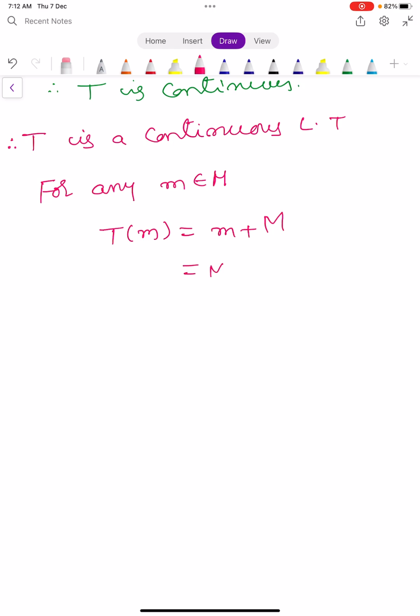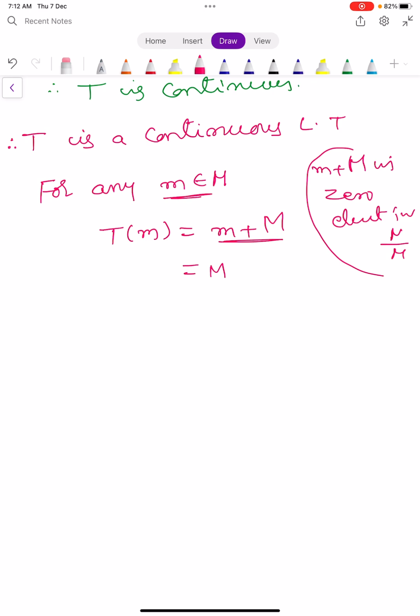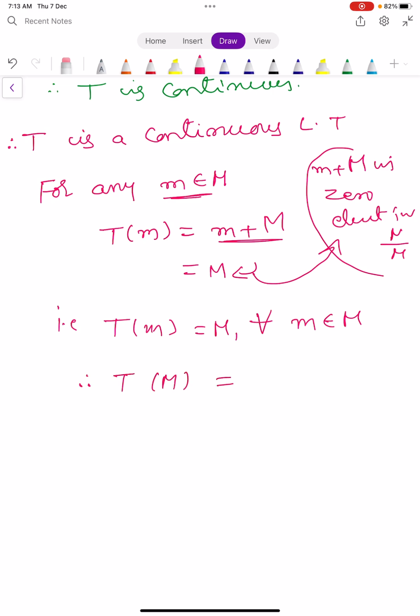So this is nothing but capital M, because small m plus capital M is the zero element in capital N by M. Because small m belongs to capital M, obviously m plus M is equal to capital M. So T of m is equal to capital M, and it is the zero element in N by M, for all small m belonging to capital M. Therefore, we conclude that T of capital M is equal to 0.